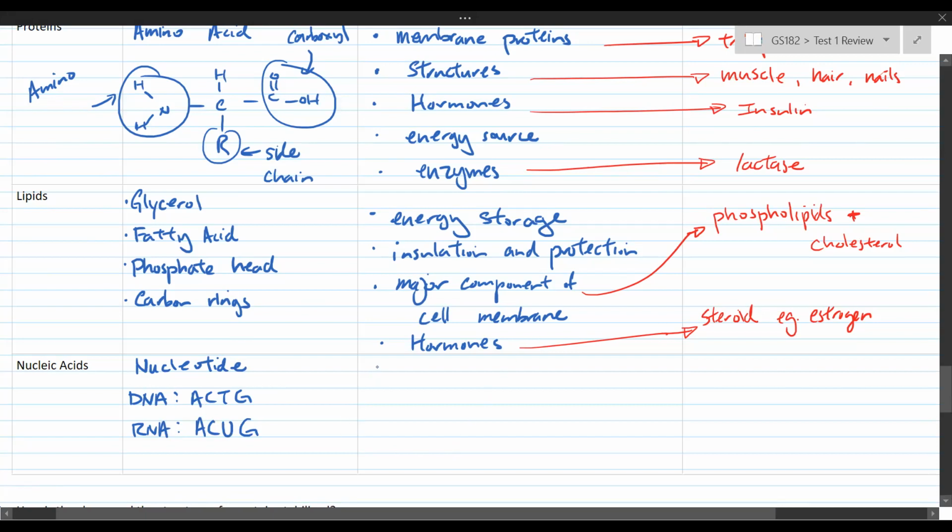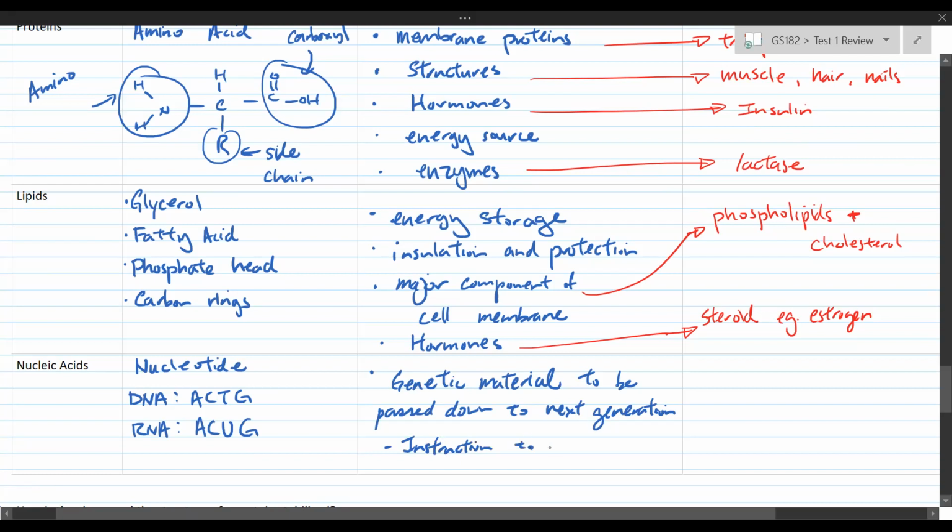And what do we use it for? Well, they are the genetic material. They get passed down to the next generation. They have the instruction to make proteins.